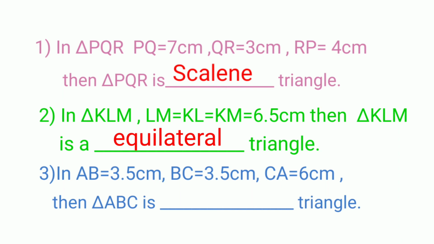Here we see that side AB and side BC have same measure 3.5 cm, but side CA is different, it is 6 cm. So, two sides AB and BC have same length and we have studied its name is isosceles triangle.